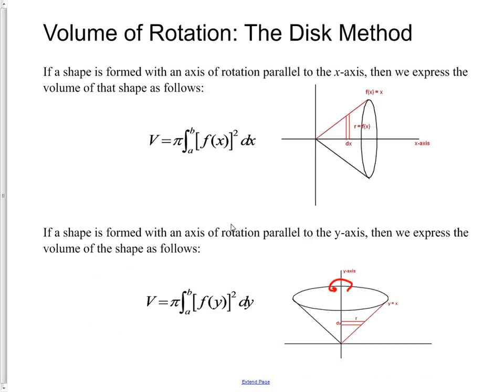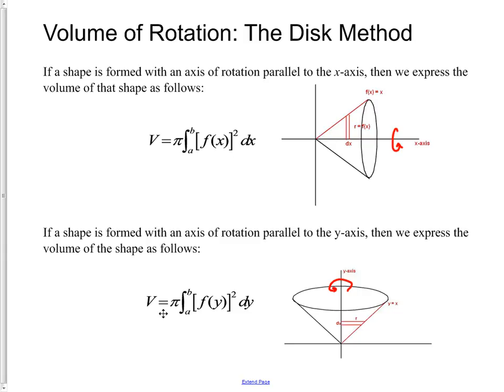Now, in order to picture the situation, you can see that we're dealing with two different kinds of situations. One, we can deal with the x-axis as an axis of rotation. When we do that, of course, our volume is found by taking pi times the integral from a to b of f of x squared dx.